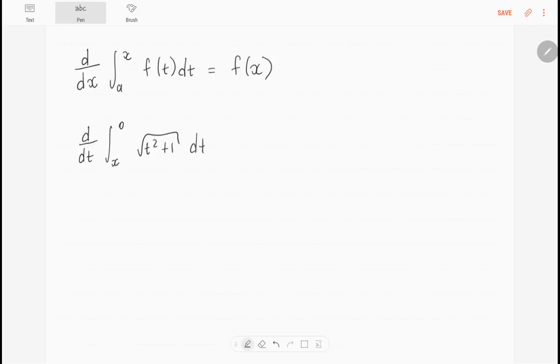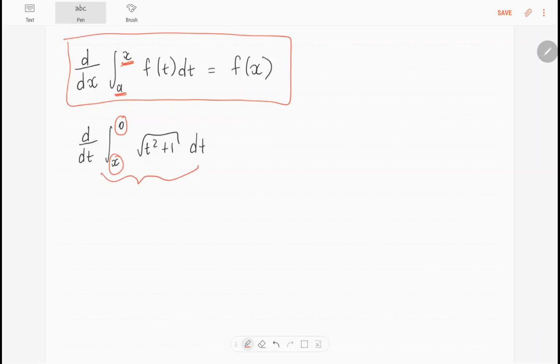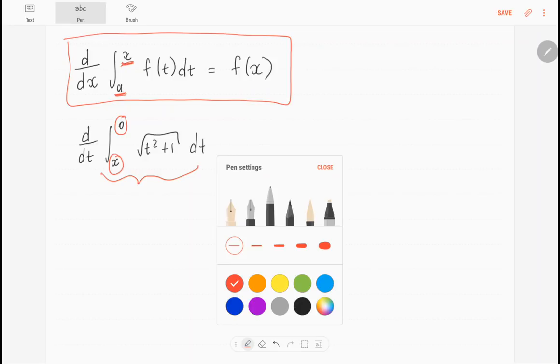So the only important thing to note here is that we have our x at the bottom and our 0 at the top. However, in this original one, we have our constant at the bottom and our x at the top. But we can get rid of that problem by simply rewriting this integral and switching our bounds. And we know that when we switch our bounds, all that happens is we have to add in a negative in front of the integral.